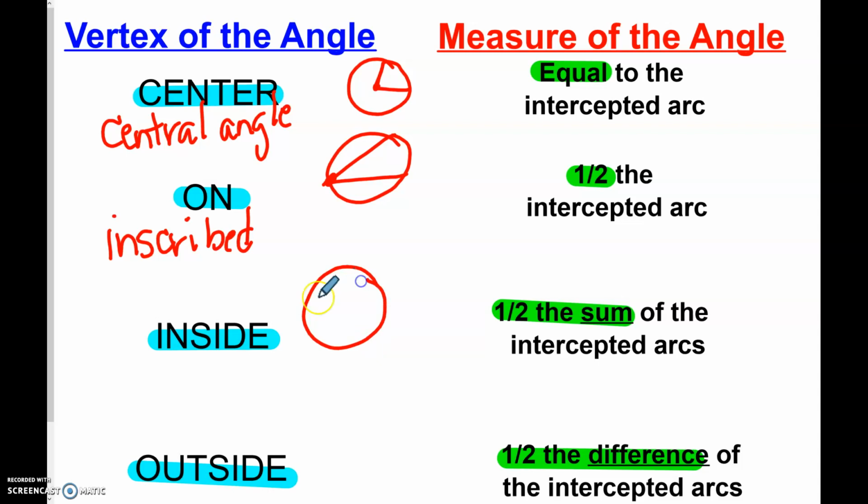And what we just went through is when we have two chords, you add one arc plus the other and divide by 2, so it's the sum of those intercepted arcs divided by 2. And when it's on the outside, so if we have a tangent and a tangent, it is one arc minus the other arc, the difference of the two arcs, divided by 2, which gives you the angle measure. Okay? So that's a quick review.